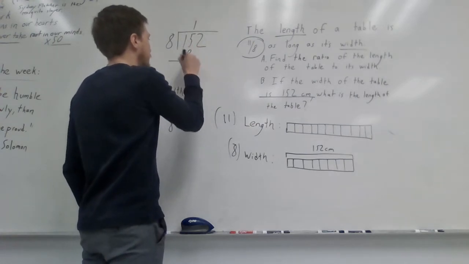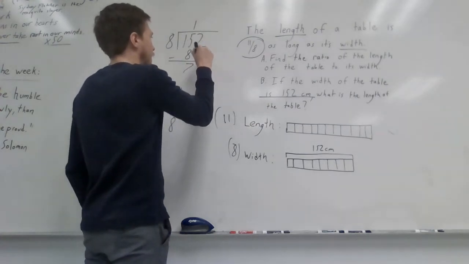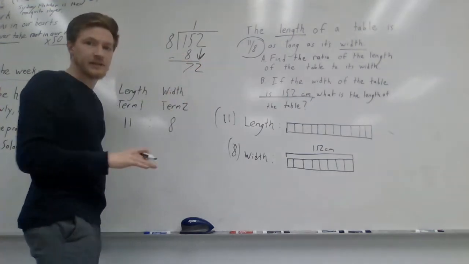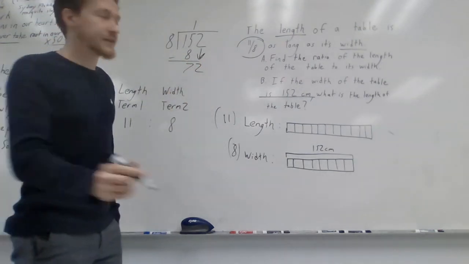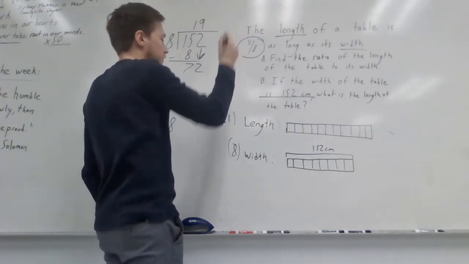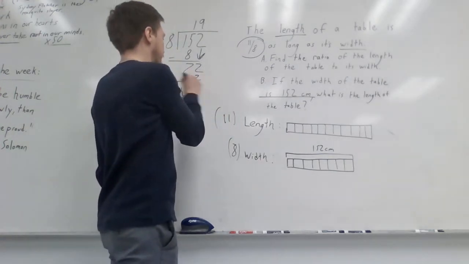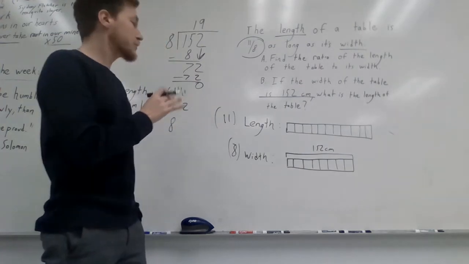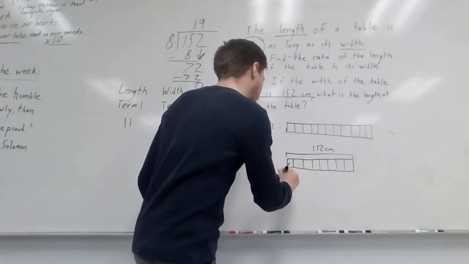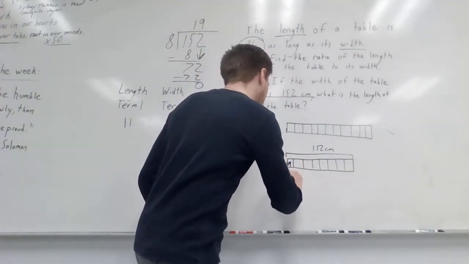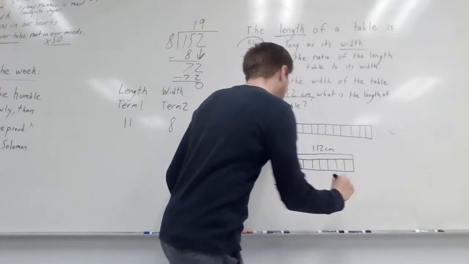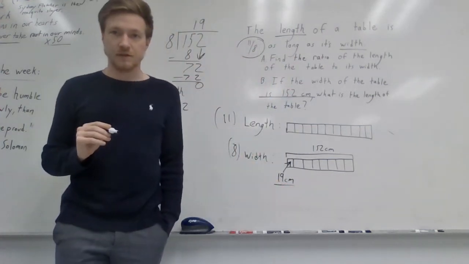When I subtract that, I'm left with 7. I drop down my ones place to where I get 72. 8 goes into 72 9 times. That evens out. That shows us that every value of every square in this problem is equal to 19 centimeters.